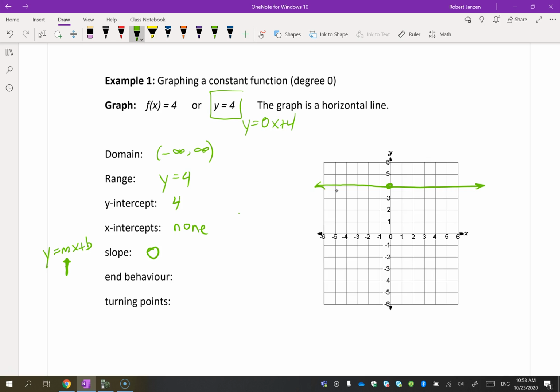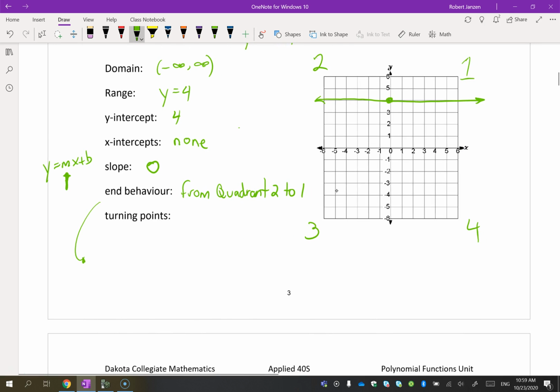And the end behavior. So there's a couple of ways you can answer this. We can say it's moving from quadrant 2 to quadrant 1. So if you remember the quadrants, this is quadrant 1, this is 2, this is 3, this is 4. Okay, but I would like to say, as x approaches infinity, okay, so I'm going to just go a little bit different here.